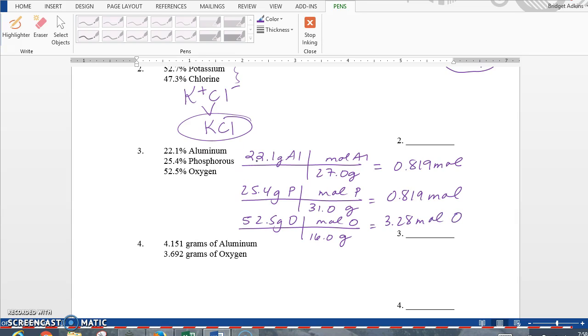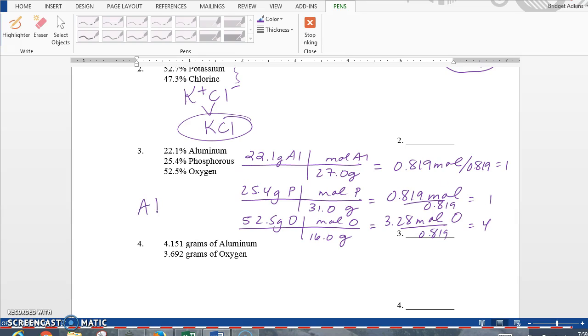Okay, so percent to mass, mass to mole. Now we're going to divide by small. So I'm going to divide this by 0.819. We get 1. Divide this by 0.819. We get 1. Divide this by 0.819. And we get 4. Again, these are all nice whole numbers. We'll see in a minute where that doesn't happen. And so these become our subscripts. So we've got 1 aluminum, 1 phosphorus, and 4 oxygens.